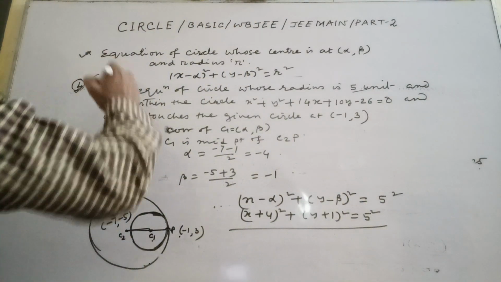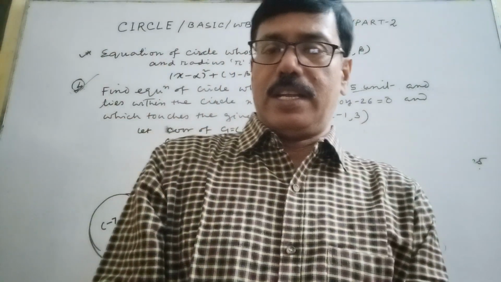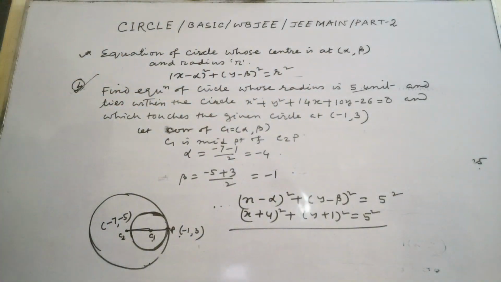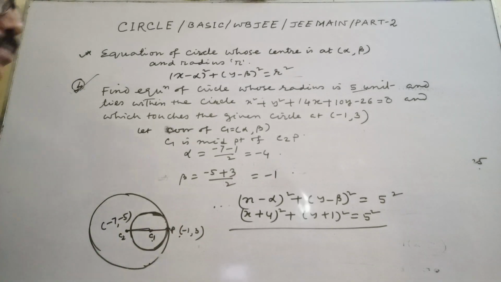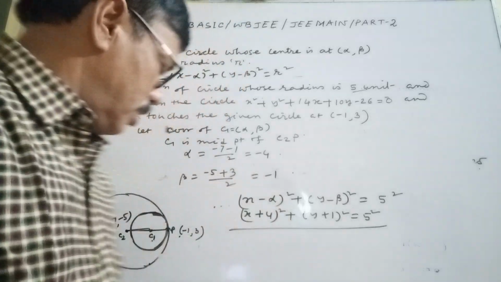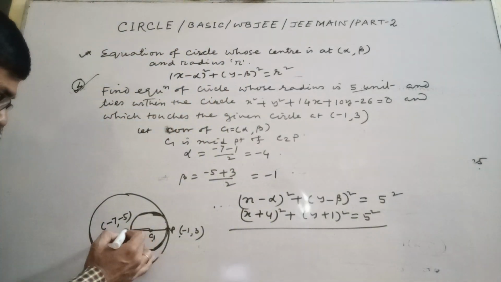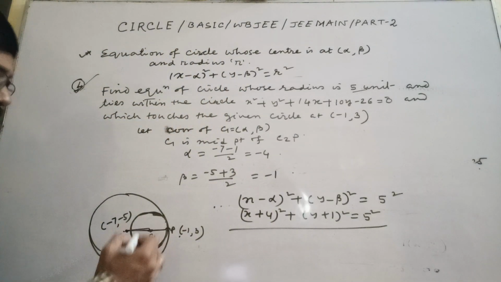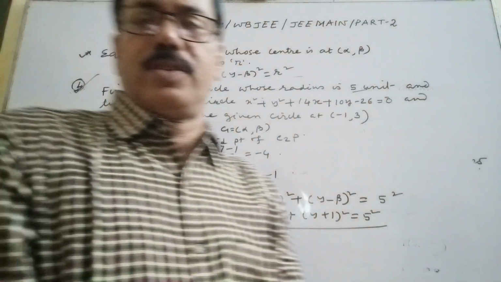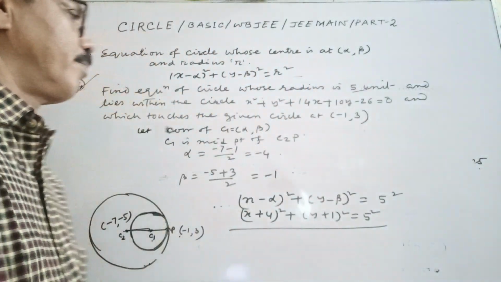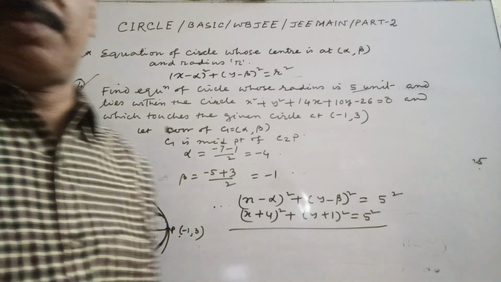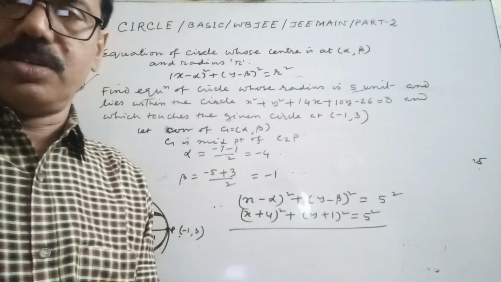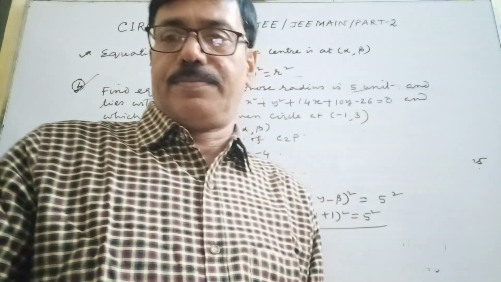This is also a problem of JEE Main. We need a result of class 10: two circles touch internally if the distance between them equals the difference of their radii. So this is also a very simple problem but a most important one.